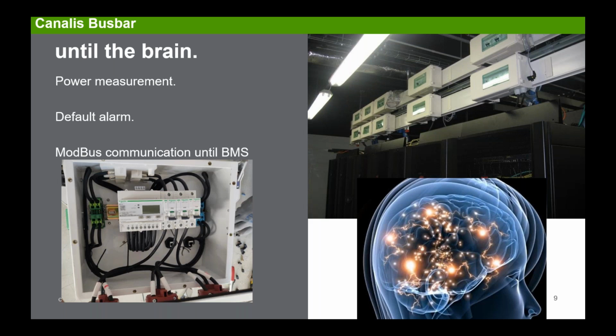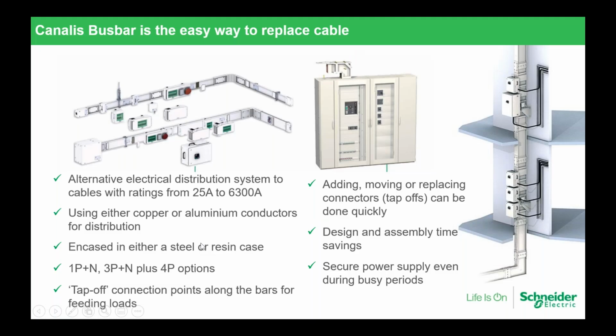That's why we call it the brain and make this correlation with the human body, because these units are purely the intelligent part of the Canalis bus bar. Some of them we deliver fully equipped. If a dedicated configuration of tap-offs is needed, we do this in Telfor manufacturing.